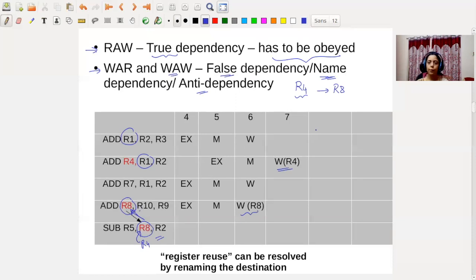So even if you were to do an out of order write back, that is, you write back instruction 2 before you write back instruction 4, you will still have the correct results for the sub instruction. So this is an example of how you do register renaming to resolve the register reuse issue.